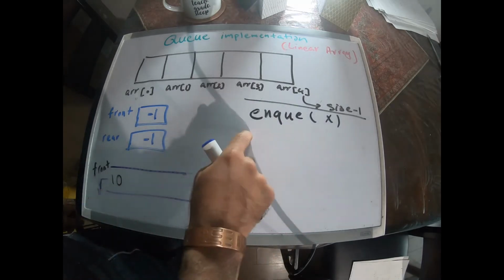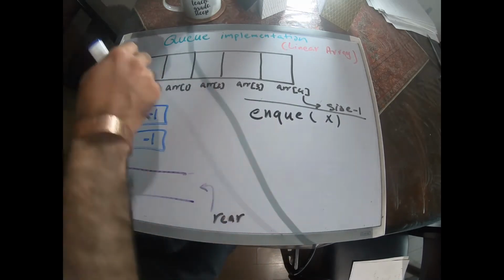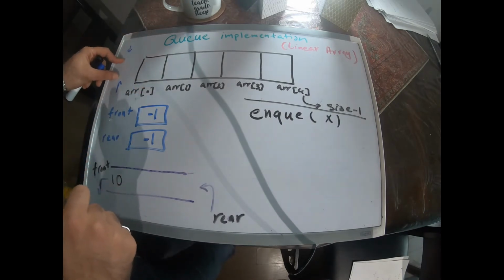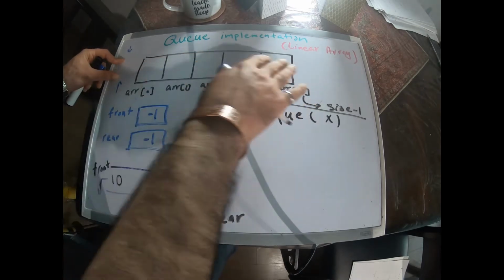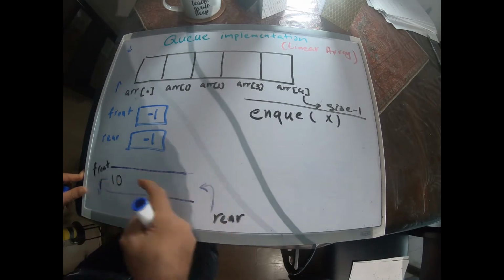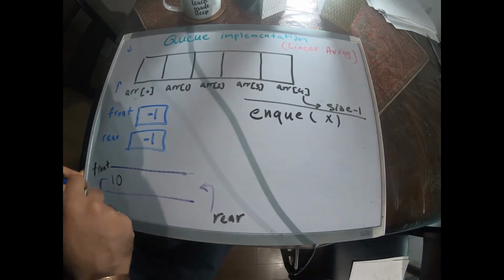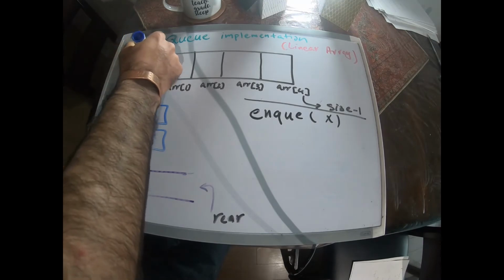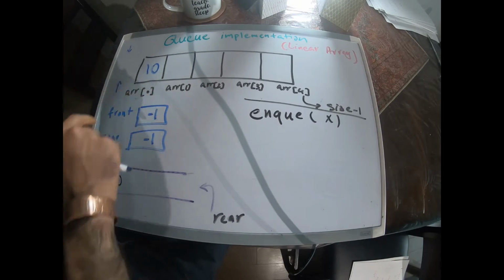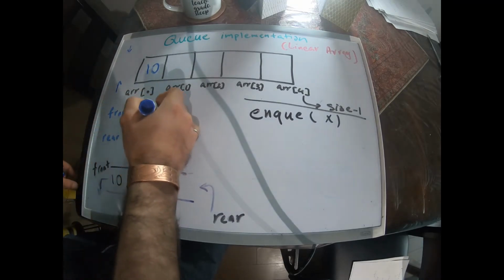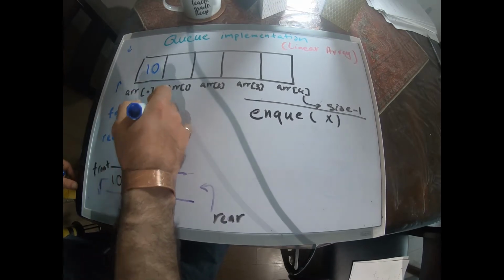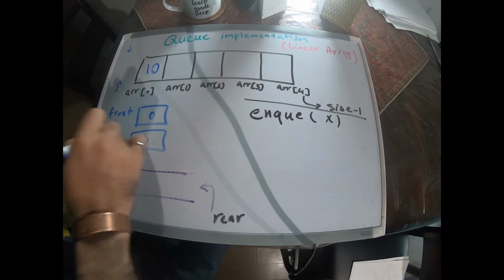And when we enqueue the first number, so what we want to do, we want to insert 10 here. At this point, this is going to be both front and rear of the queue. So we want to increment front and rear both to 0.